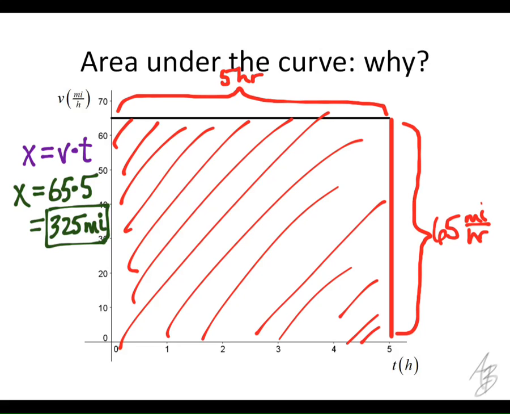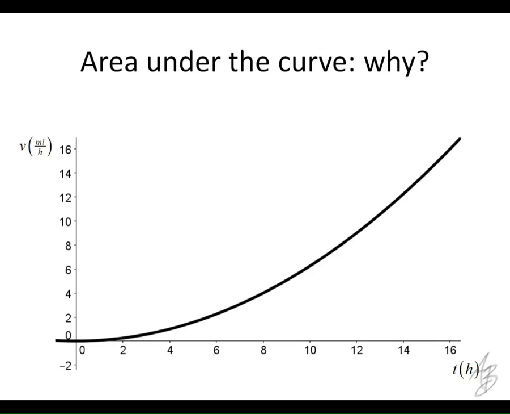So in this case, when we have a graph of velocity versus time, finding that area, finding the area under the curve. Now it's not really a curve, but a straight line is actually called a curve still. So finding the area under this curve tells us how far the car went. Well, the same thing would be true if we had this graph.